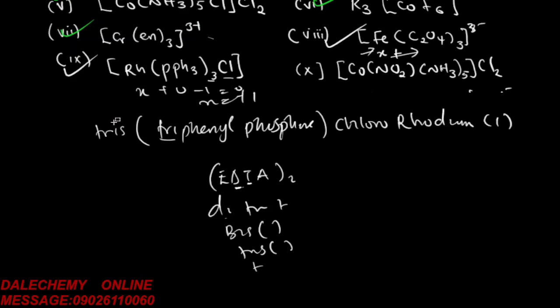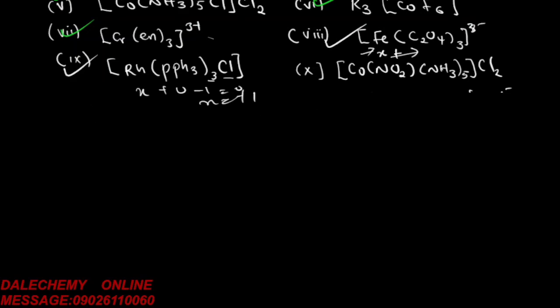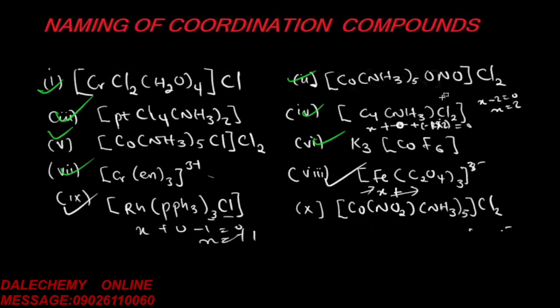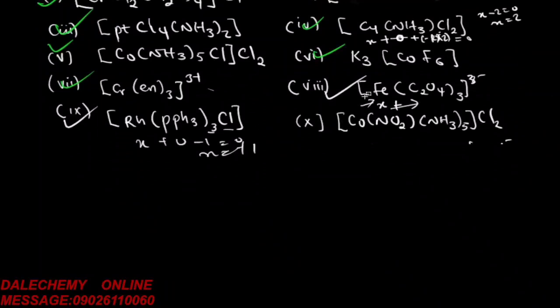Now the last one is like the one we named here. Look at them, they are quite similar. But in this case, we're having CO and ammonia as 5. In this case, oxygen is bonded to that metal, but in this case, it's nitrogen that is bonded to that metal. So that's the only difference. So you just name it like that. It will now be 5 amine, right?